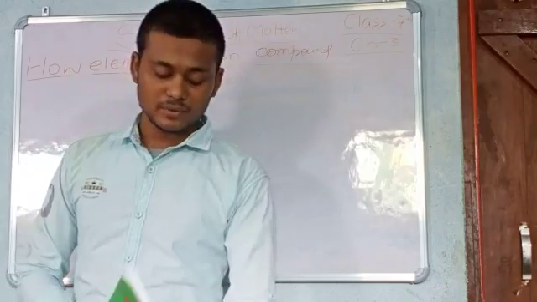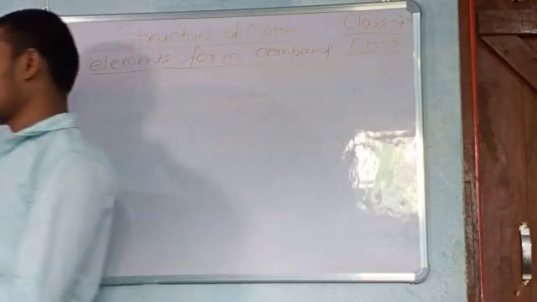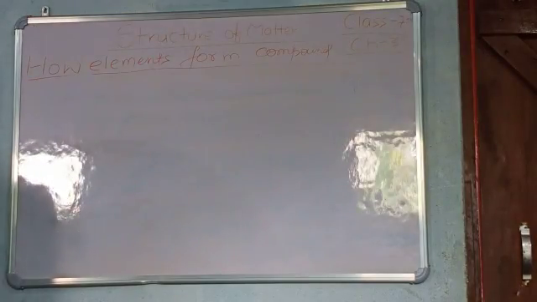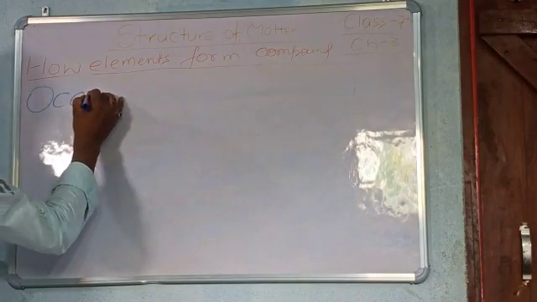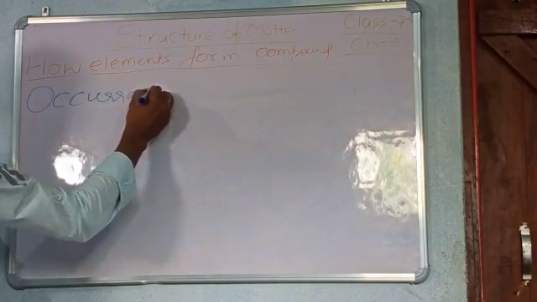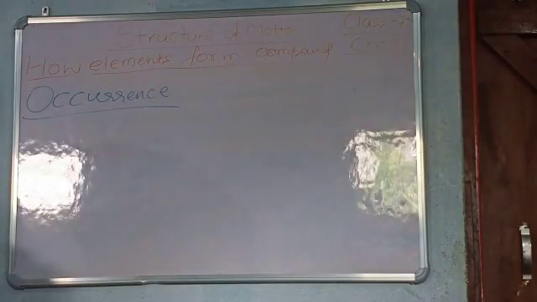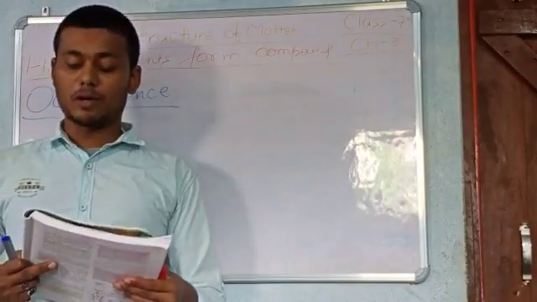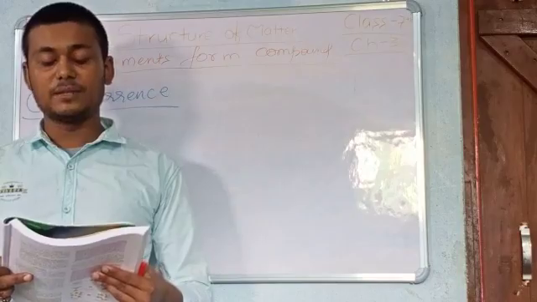Now the next topic is occurrence. Many elements have a greater tendency to combine with each other to form a compound, and these elements are therefore not found in free state.